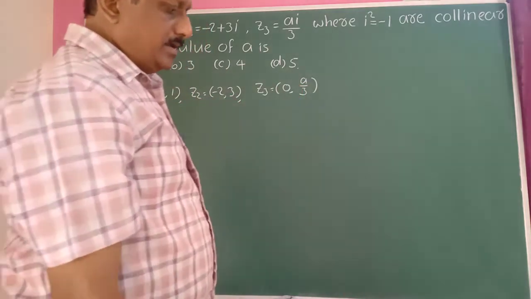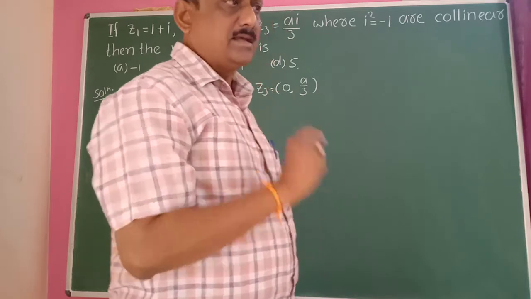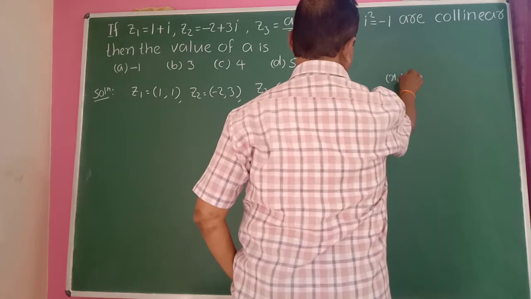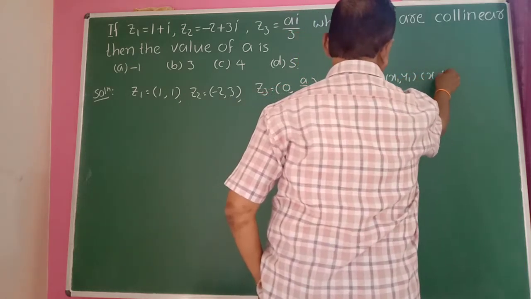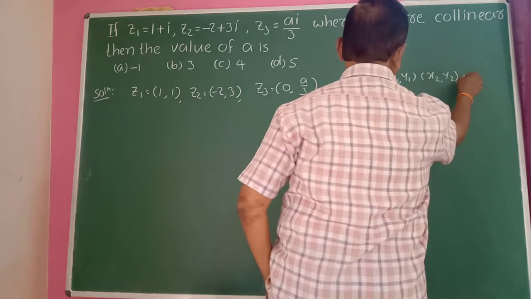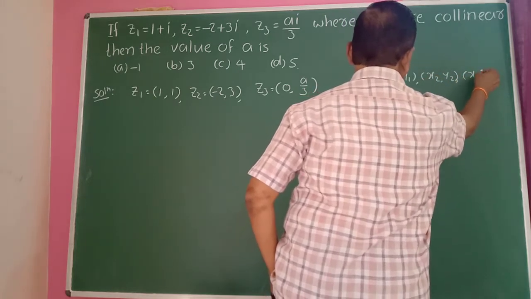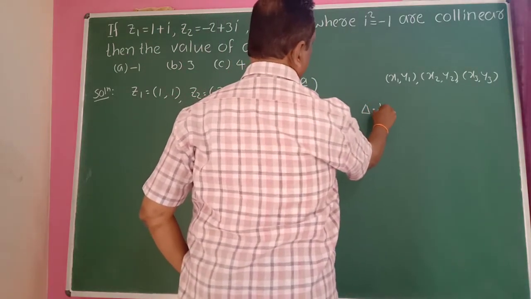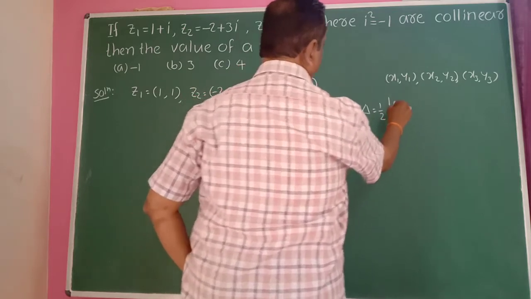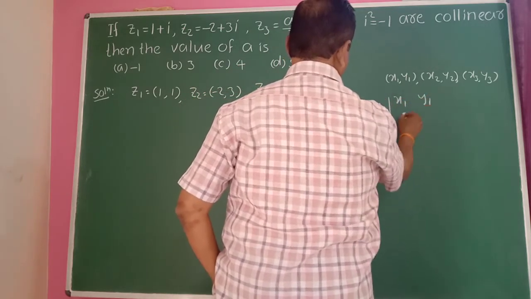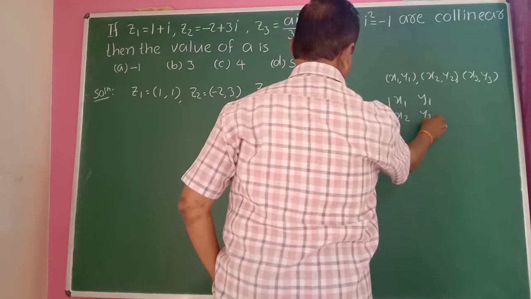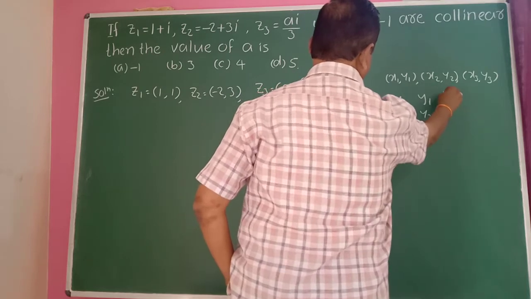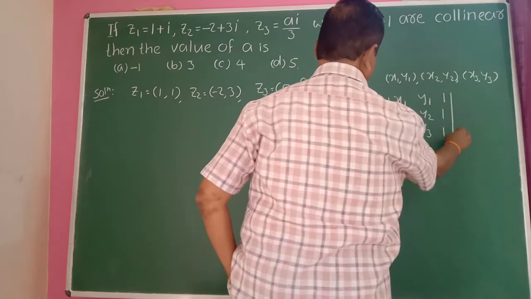Okay, so there is one formula in matrices and determinants. Suppose 3 points are there: x1, y1, x2, y2 and x3, y3. Then the area of the triangle is given by delta is equal to 1 upon 2 into the determinant of rows x1, y1, 1; x2, y2, 1; x3, y3, 1.